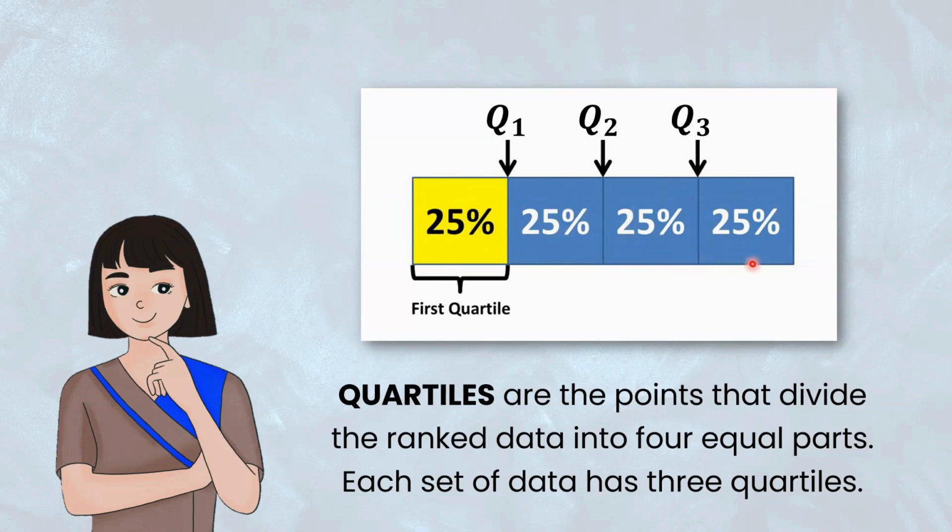Ranked data means that our values in the data set are arranged in either increasing or decreasing order. But to easily determine our quartile values, we usually arrange our values in increasing order, or from least to greatest.